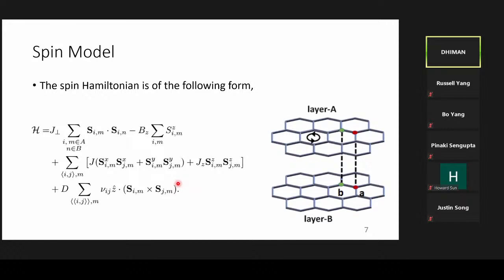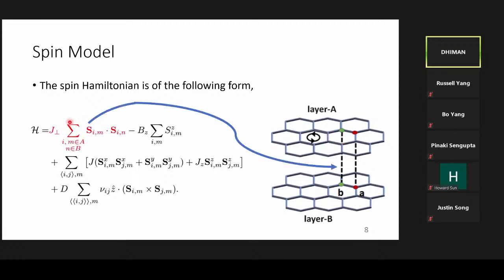So here is the spin model which we have considered, a bilayer honeycomb lattice with A stacking. Due to this A stacking, the first term denotes a Heisenberg exchange interaction directly on the interlayer bond.